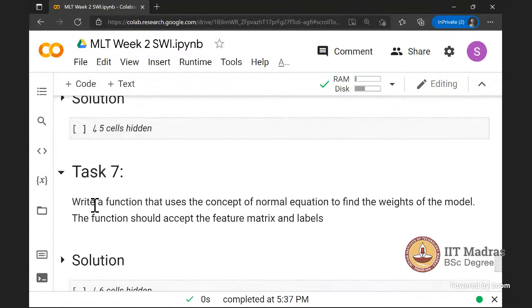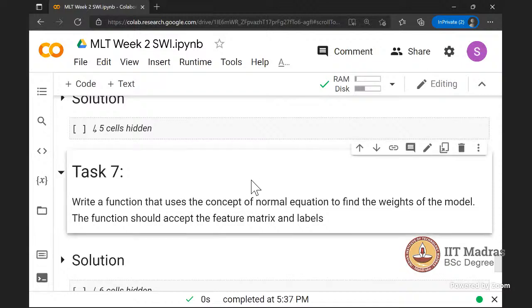Now what we are going to do is write a function that uses the concept of the normal equation to find the weights of the model. For this one, we are going to use the data that we created, which is x and y, using y is equal to mx plus c, where m was 3 and c was 4.